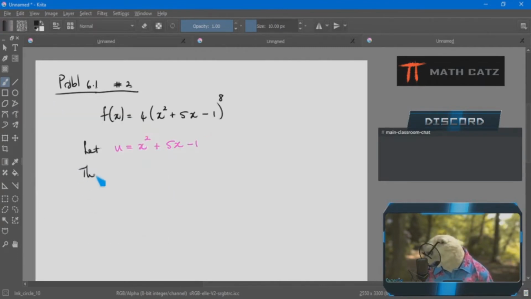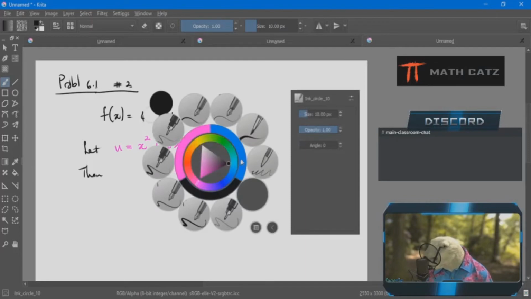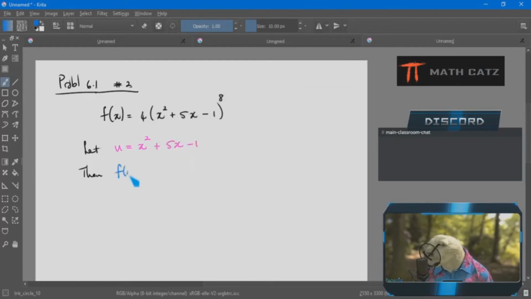Once I've made that choice, I'm then stuck with my outside function to match it, which obviously should have been in blue. F of u, and I just emphasize the u for my personal needs. For u to the 8. That's all I need.